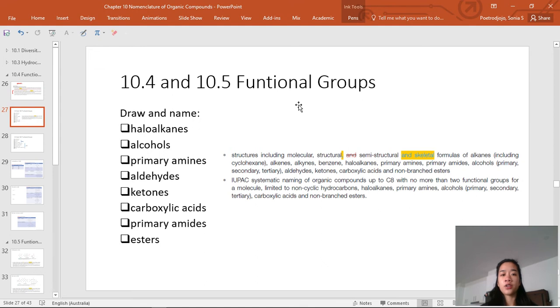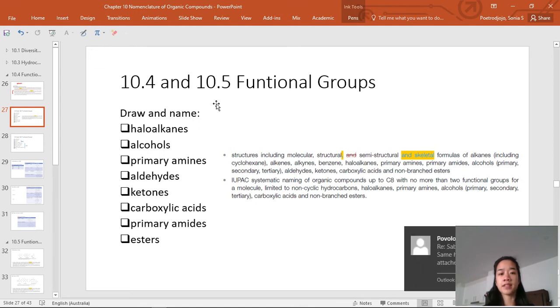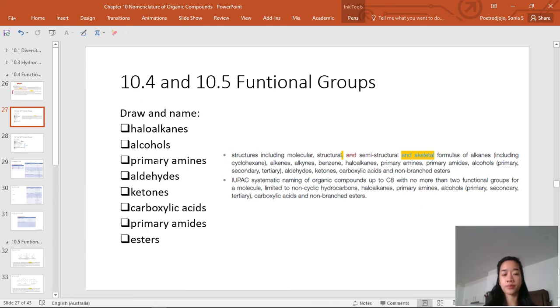For 10.4 and 10.5, you need to be able to draw and name these functional groups. You can read through the study design and you can see how it lines up. I'm really focusing on these points.